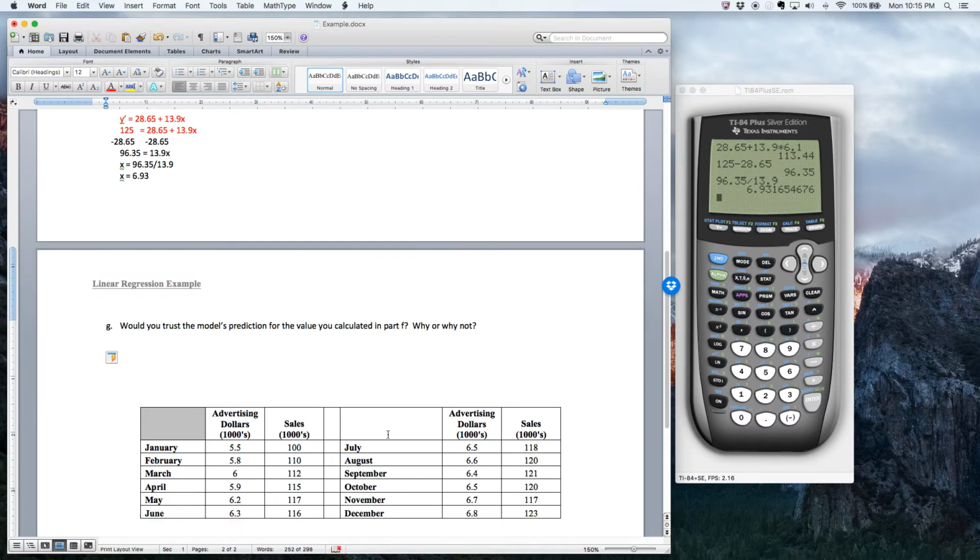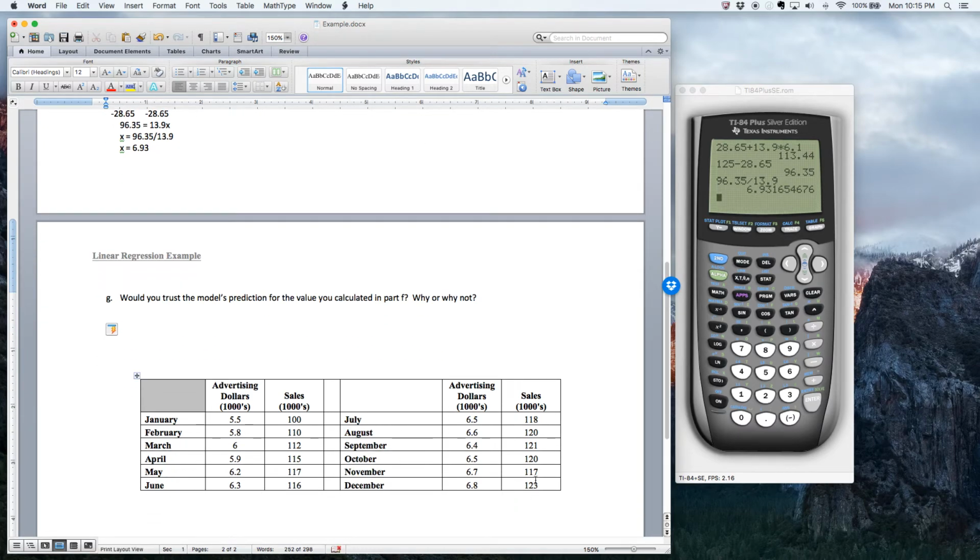And just for the record, that 125 is not in the range of the y's either. Notice the highest y value is right there, 123. So the fact that we're using 125 is outside of the range. Clearly this is extrapolated. So it says, would you trust the model's prediction?